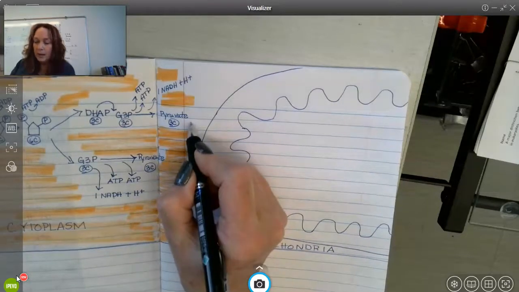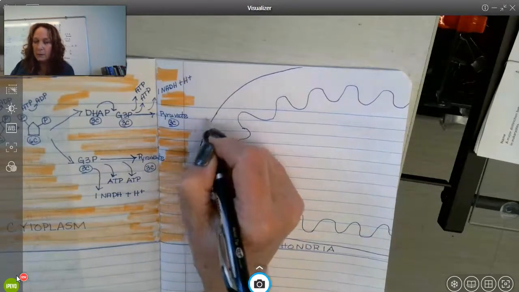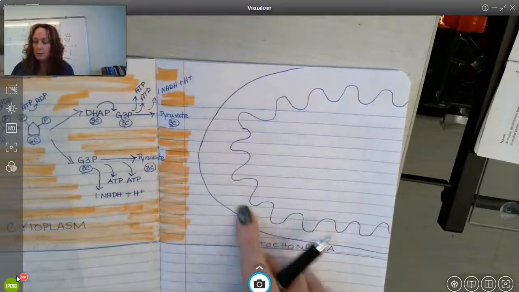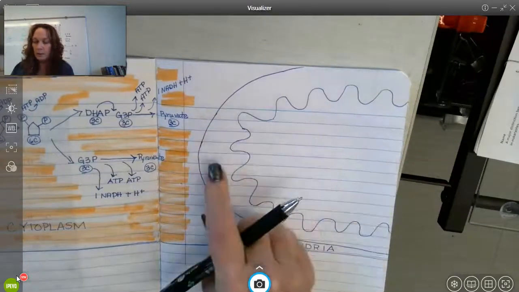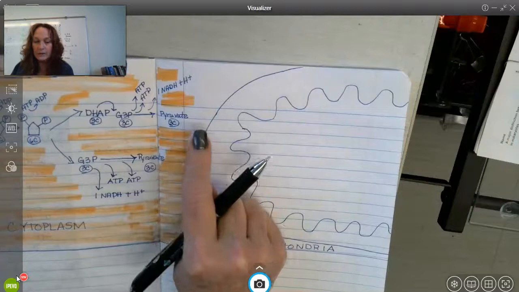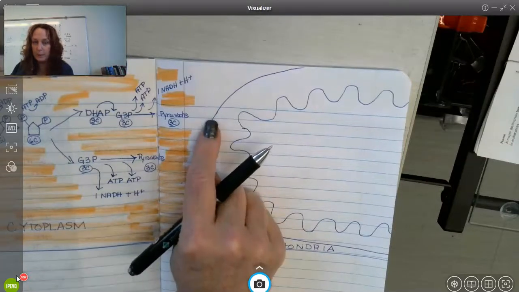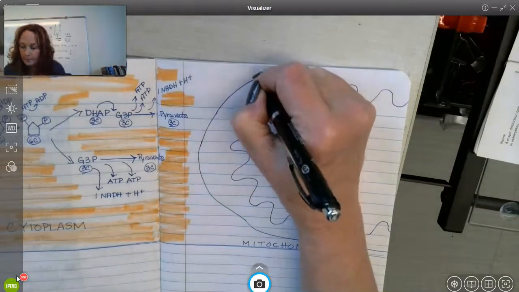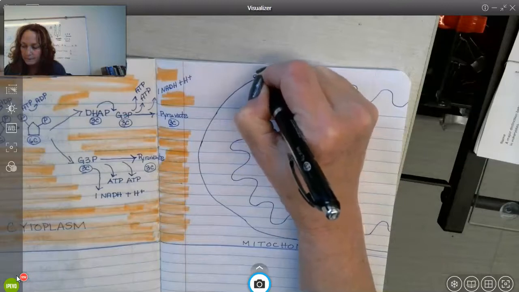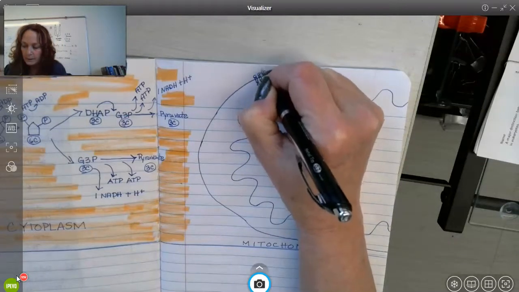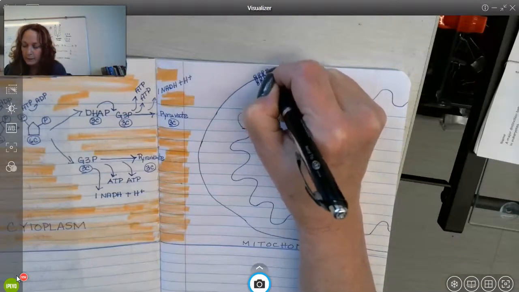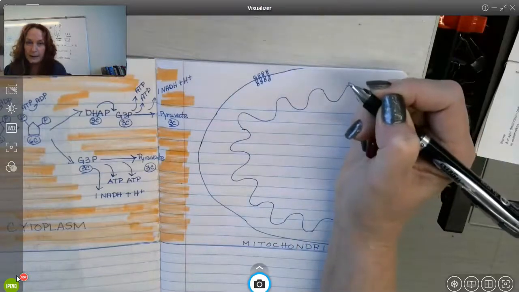So this pyruvate enters into this mitochondrion through a pyruvate channel transport protein in the membrane. Because remember, I'm not drawing it, but this outer membrane is a phospholipid bilayer.